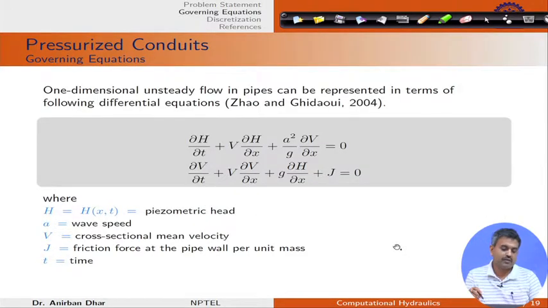Pressurized conduits: one dimensional unsteady flow in pipes can be represented in terms of the following differential equations.